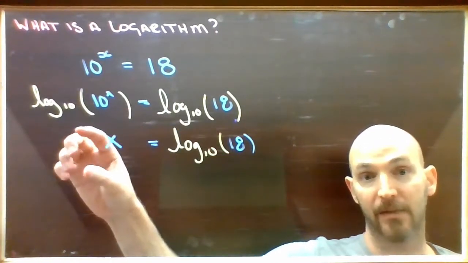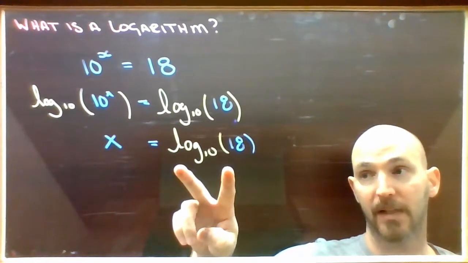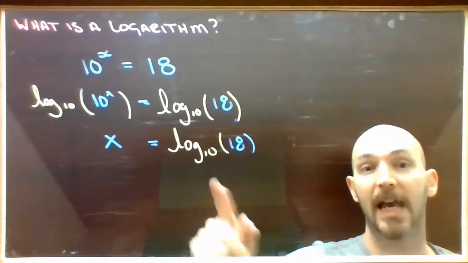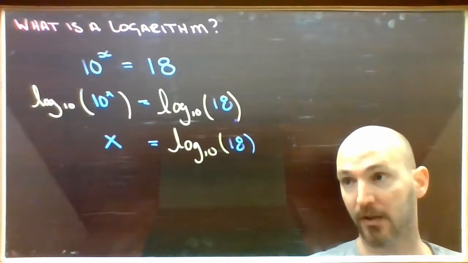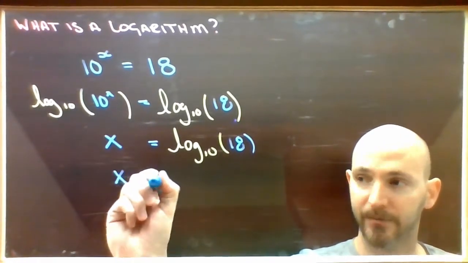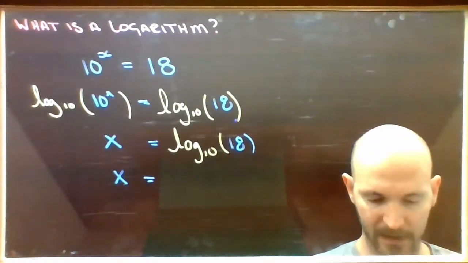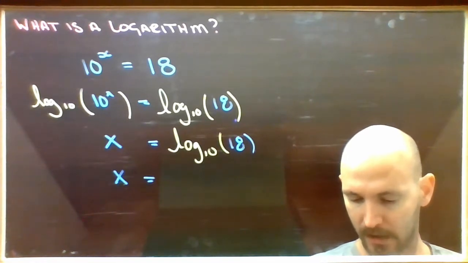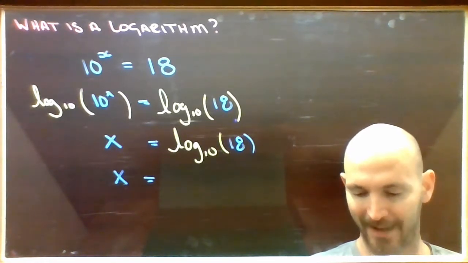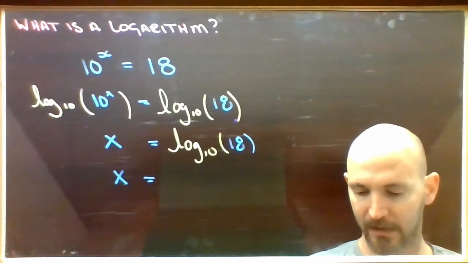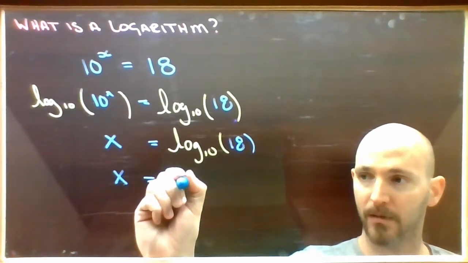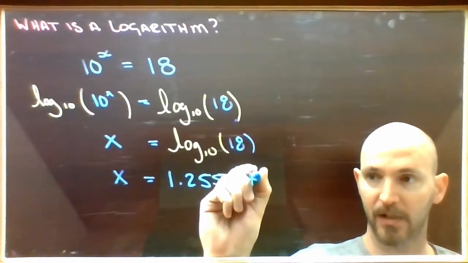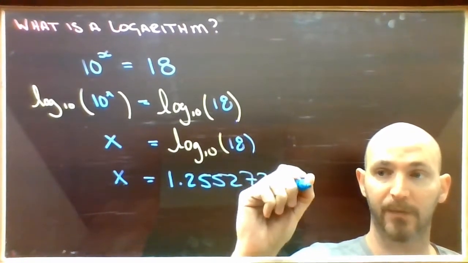Now that I've got it down to this, I just have to pull the calculator out and recognize that this log base 10 is the LOG button available on my calculator. So if I get that out, then I find my log, clear, log of 18 equals 1.255272505.